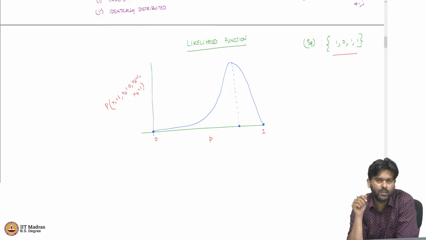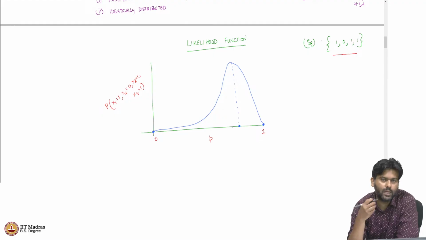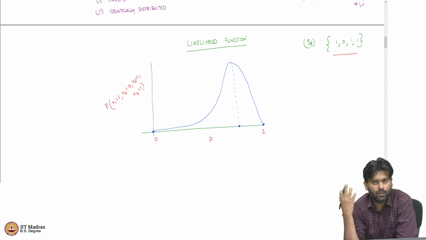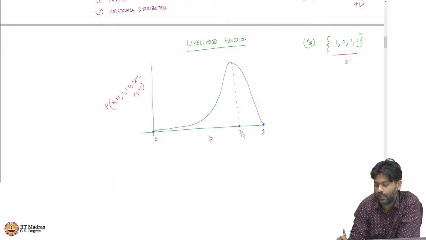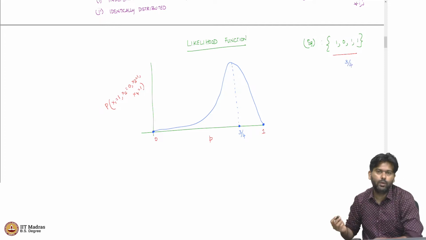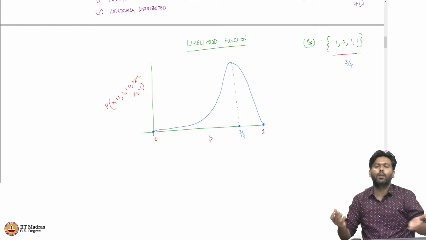In other words, which is the value of p for which the chance of seeing the data is highest? The data is most likely for which choice of p? In this example, that choice would have been 3/4, which is exactly the guess that we made by looking at the fraction of ones.